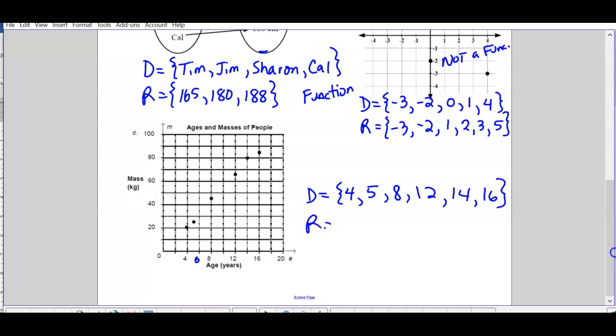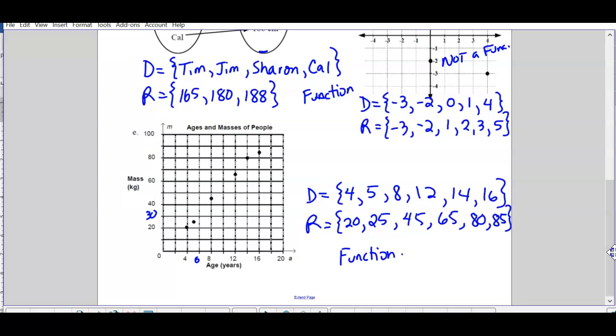Okay, and then the range looks like 20. Now this would be 30, that looks halfway in between, so about 25. And that looks like 45, and 65, and 80, and 85. Okay, and none of those are on vertical lines, so this is a function.